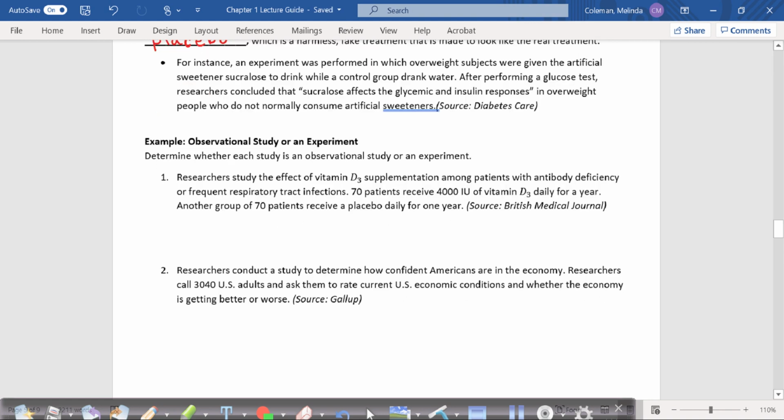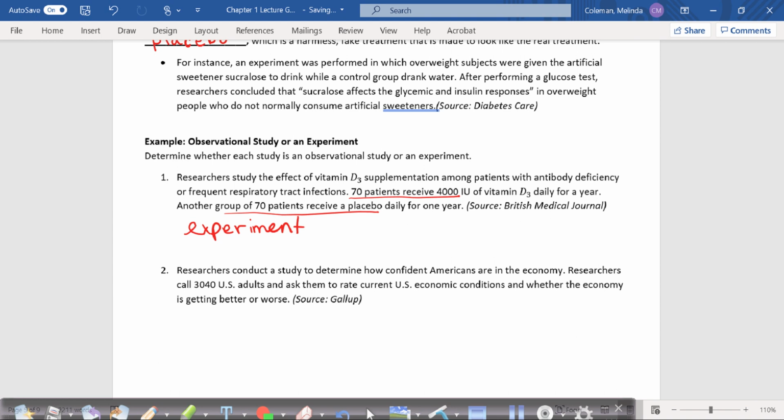So example 1 says to determine whether each study is an observational study or an experiment. Researchers study the effect of vitamin D3 supplementation among patients with antibody deficiency or frequent respiratory tract infections. 70 patients receive 4,000 IU of vitamin D daily for a year. Another group of 70 patients received a placebo. So this then should be, and is in fact, an experiment.